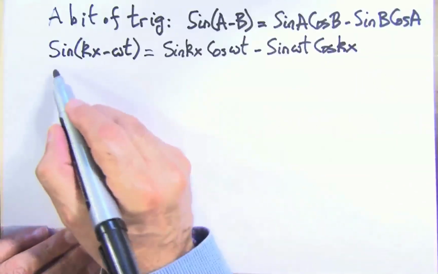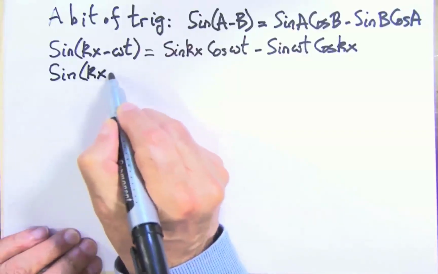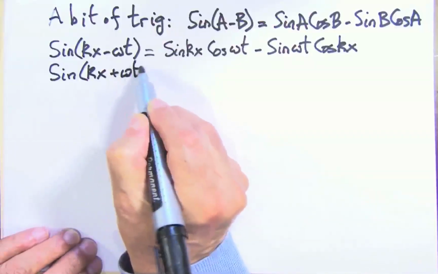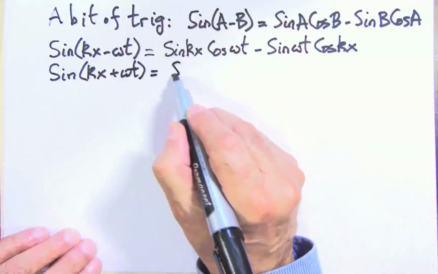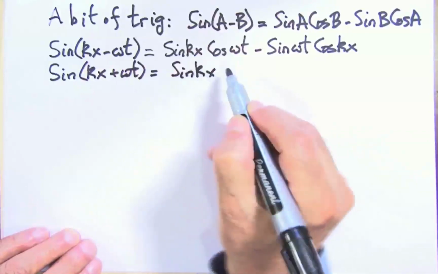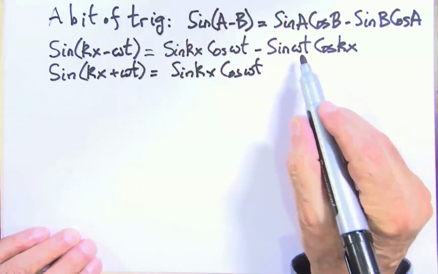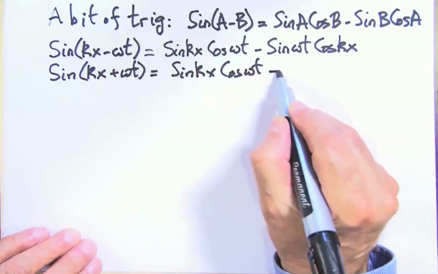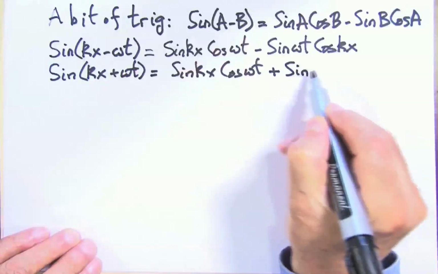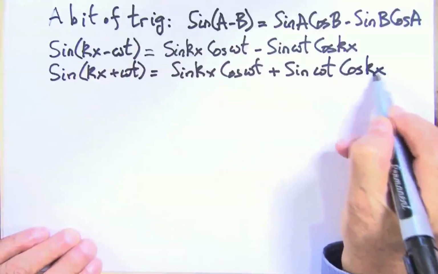If I had sine of kx plus omega t, and you remember that this is the wave that's going in the backward direction, what would be the difference? I would have sine kx cosine omega t, and here, because omega has gone to minus omega, the sign over here would change, and I'd have sine of omega t cosine of kx.